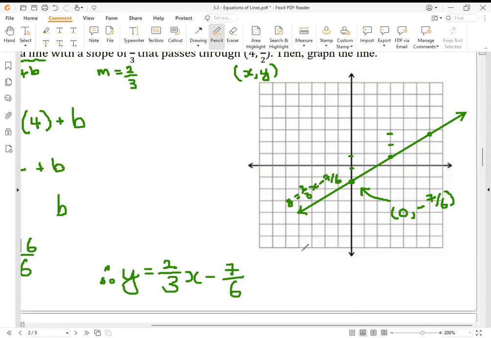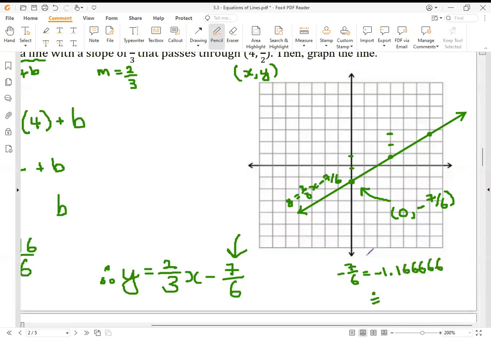Yes. How did I know? Well, I found the y-intercept to be negative 7 over 6. And if you divide negative 7 over 6 in the calculator, you should get negative 1.166666 repeating.